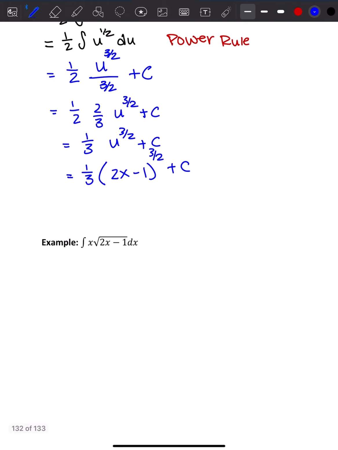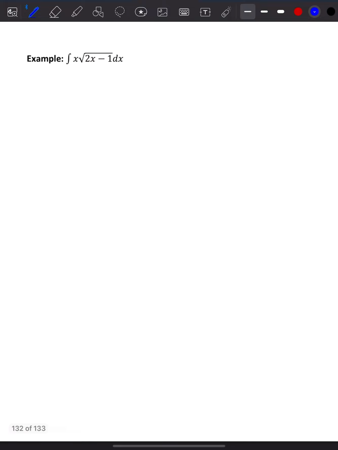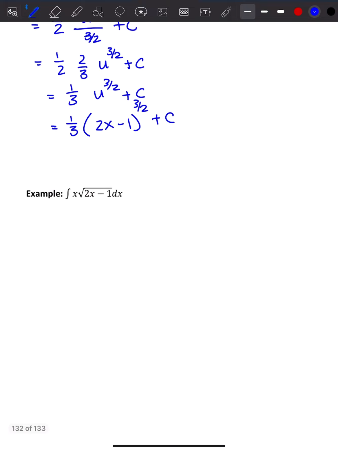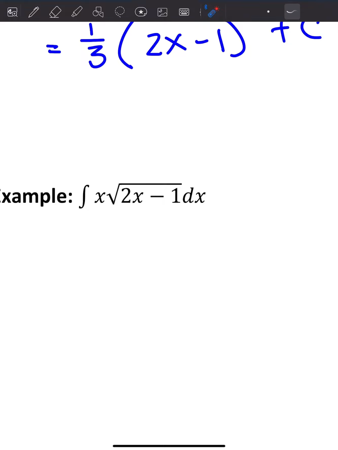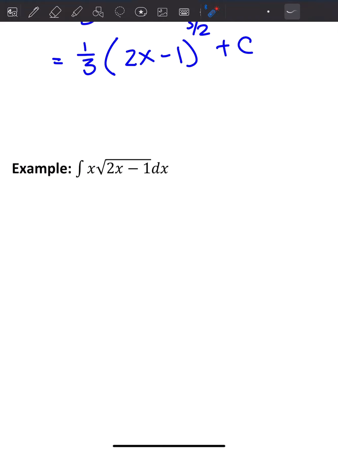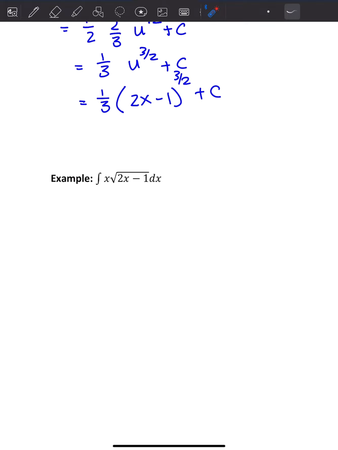The only difference between this one and the last one is going to be this x that we have here. So if I got rid of this, it would be the exact same problem. So in this one, we are going to make u the exact same thing. It's still an inside function.